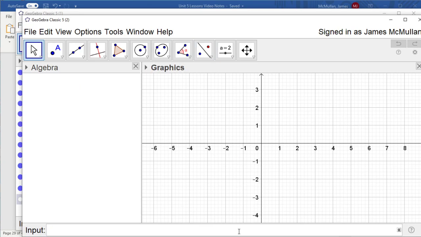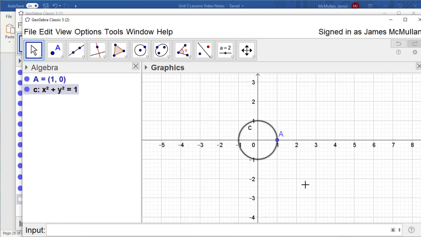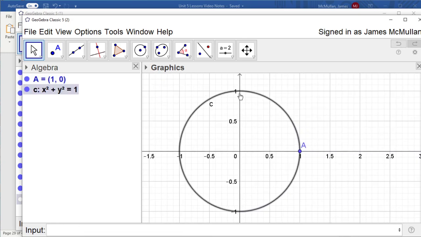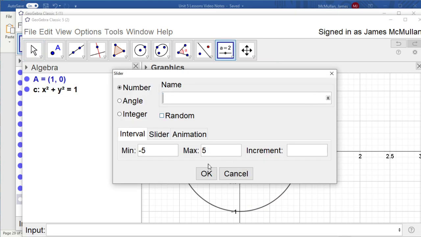So I'm going to create a circle. Let's make a 1, 0. Make a circle of radius 1. And then I'm going to make a slider called beta. I'm going to make it an angle called beta. Beta can never be bigger than 90 anyway.